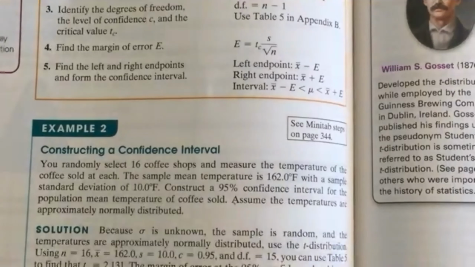So let's see how we go about doing it. We're going to make one assumption, and that assumption is that the temperatures of coffee from these shops are normally distributed, meaning it's all kind of mound shaped and symmetric. The reason we need to do that is because we've only picked a sample of size 16.